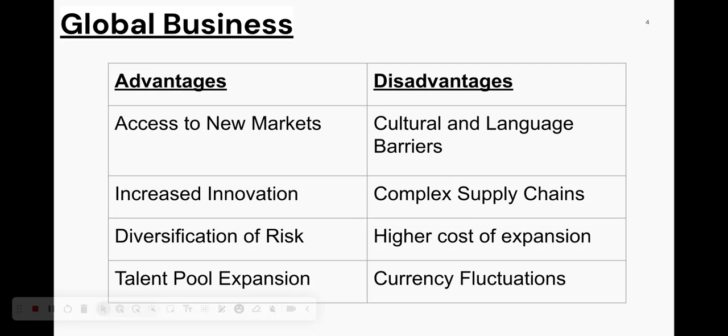A dollar may not be worth the same as it may be in another country at another time, and it can sometimes get a little bit confusing. These ups and downs happen because of supply and demand. In global business, this matters because profits can rise or fall depending on how these exchange rates shift.